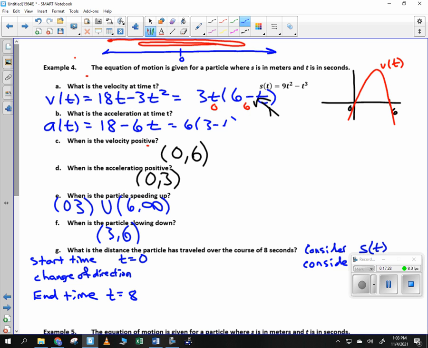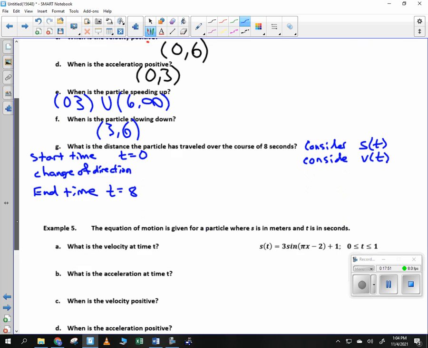This is my velocity function. When I say change, what I mean is when does it change from positive to negative? At time 6. We see that? The velocity changes from positive to negative. That means that the particle, right now, is moving to the right, and then at 6 seconds, it starts moving back to the left. That's what this is telling us. So at time 6, I change direction.